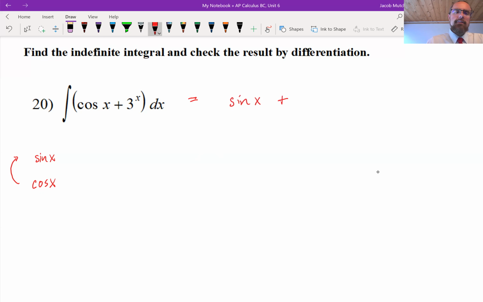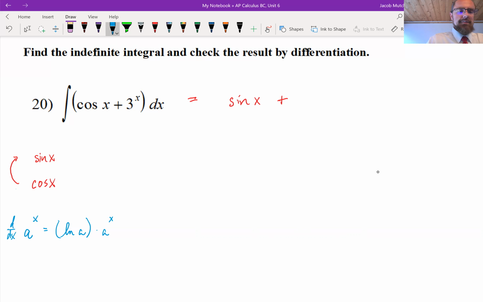And then I need to integrate 3 to the power of x. So I need to recall how that would work. I just need to remember here that if I have, generally speaking, a to the power of x, and I take its derivative, that's going to be the natural log of the base a times the original a to the power of x.